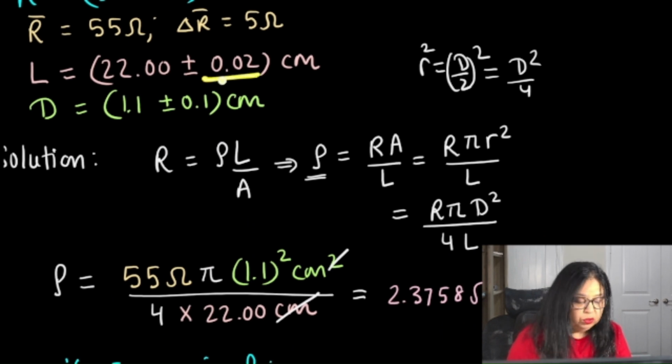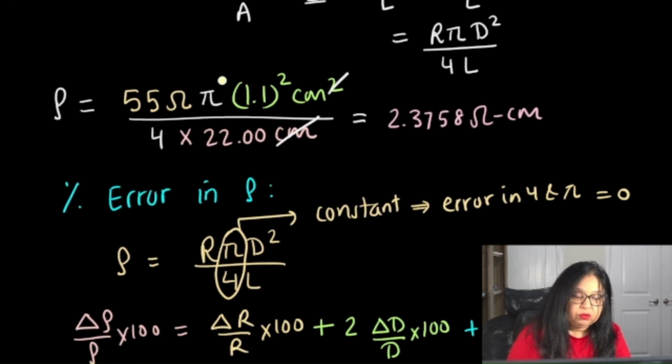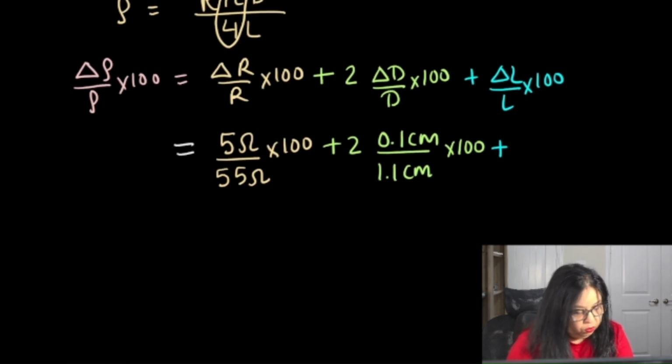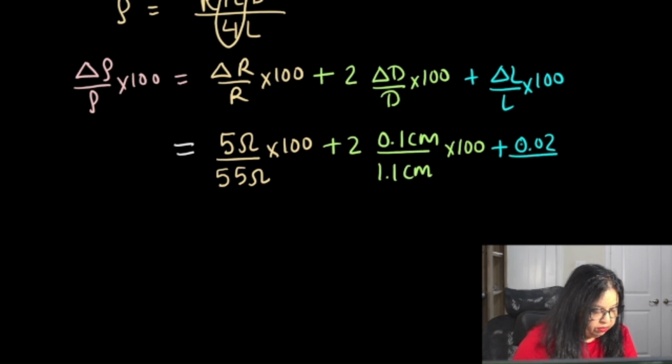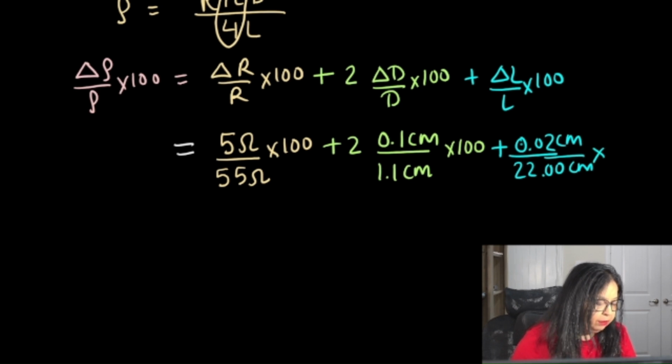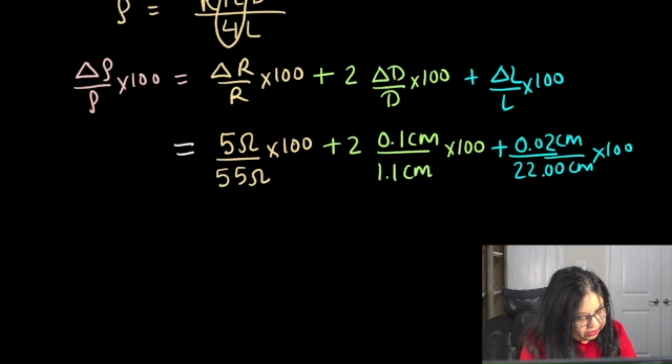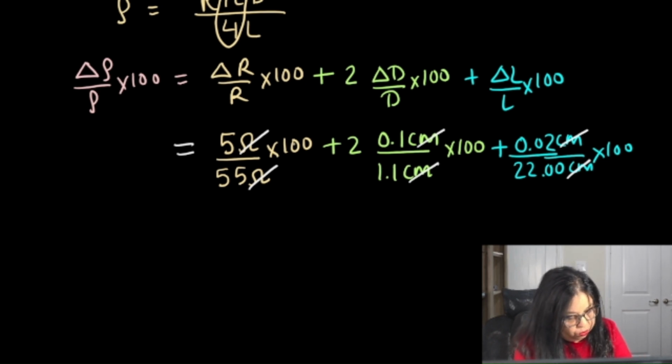Delta L 0.02, L 22.00. So 0.02 divided by 22.00, both in centimeters, times 100. Now you see how beautifully all of these units cancel out. Not just that, in the first term, 5 divided by 55 is equal to 1 over 11. So that gives you, I'll show you here.